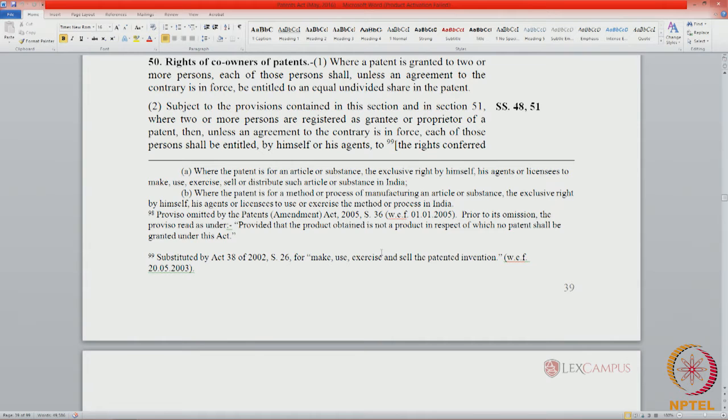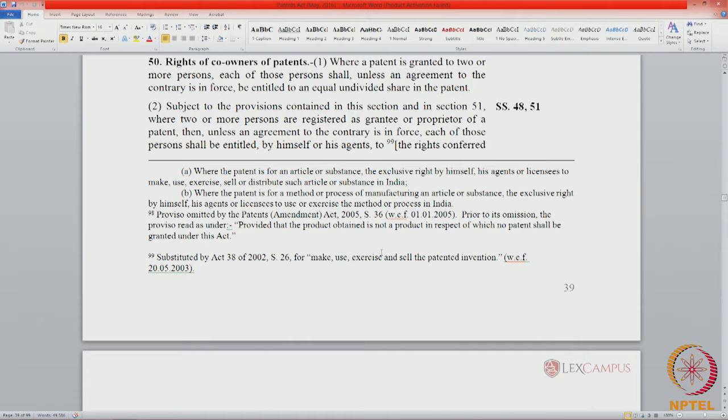If there is an agreement to the contrary, say the three patent owners are A, B and C, and there is an agreement which says that A will take 50% of the ownership in the patent, B will take 25 and C will also take 25, then that specific agreement will prevail. In the absence of an agreement, it will be understood that all the co-owners took shares equally.